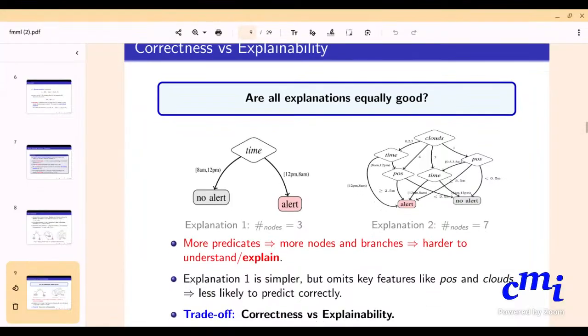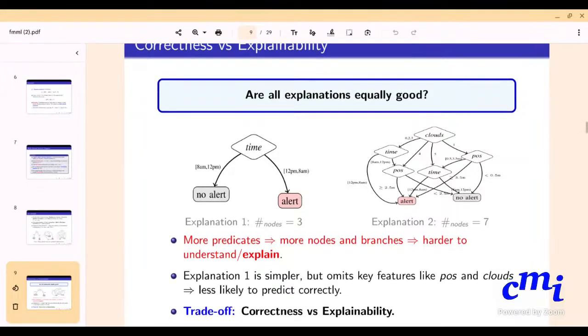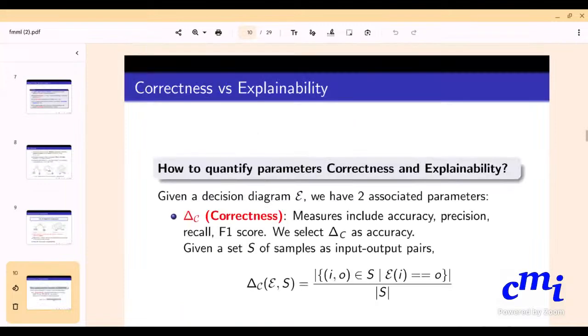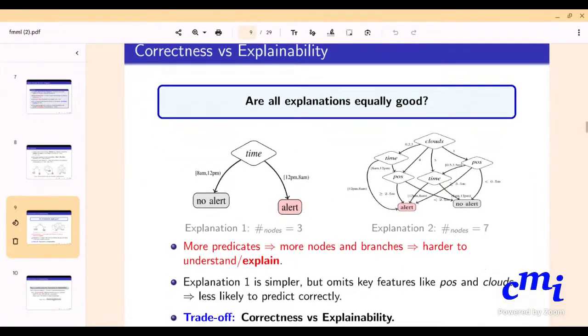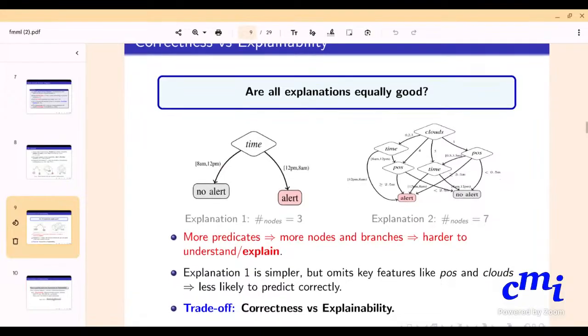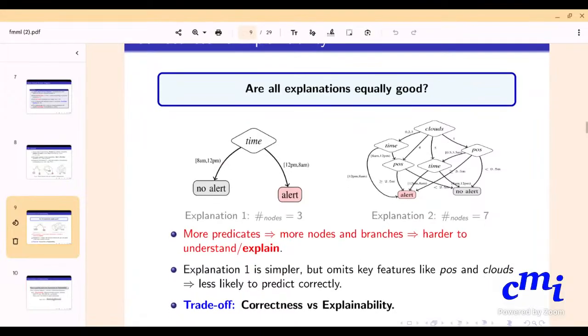Now, where do you explain correctness? In the subsequent slides. No, but you are already saying correctness versus explainability, so without actually explaining correctness, why do you say it? In the very next slide, I say what I mean by correctness. You should say, in words, that you will define correctness. Understandability is measured in terms of the number of nodes, or the depth.